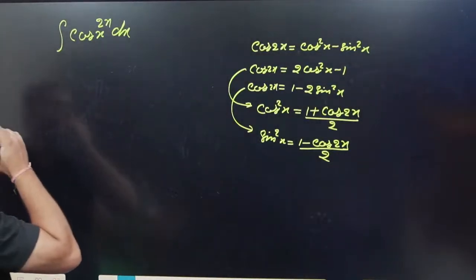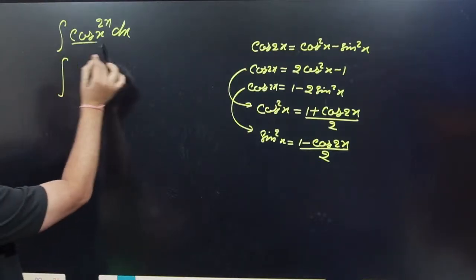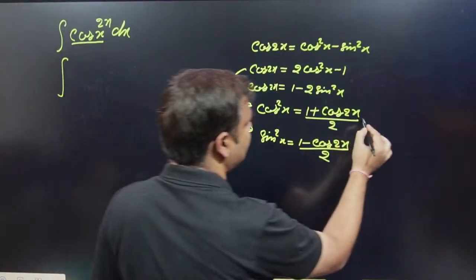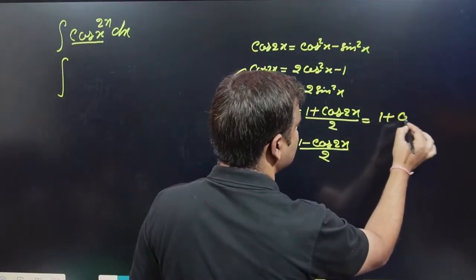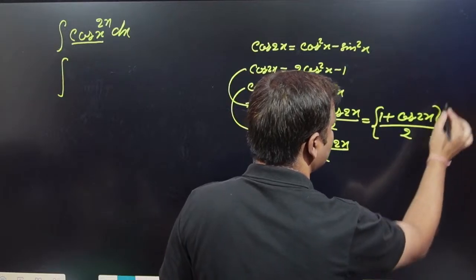Now, in this type of problem, always replace cos x with 1 plus cos 2x by 2 to whole power 1 by 2.